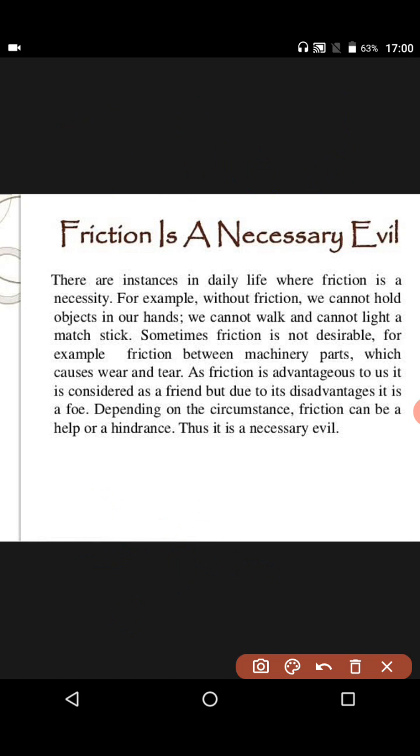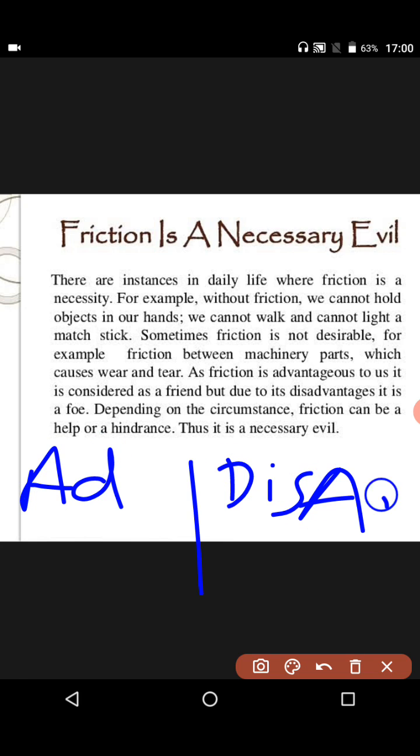Next, you can make a list of advantages and disadvantages on your own in your notebook, like rough notes. Advantages this side and disadvantages this side. Don't copy from your material. Just write on your own, with daily life examples. Try doing that work.